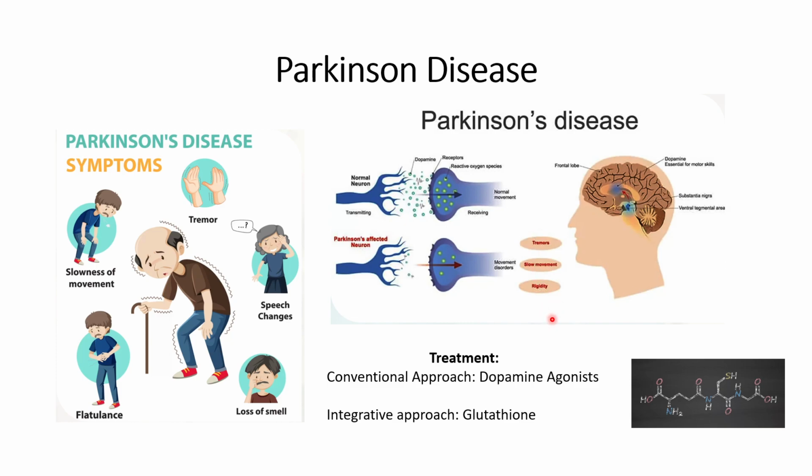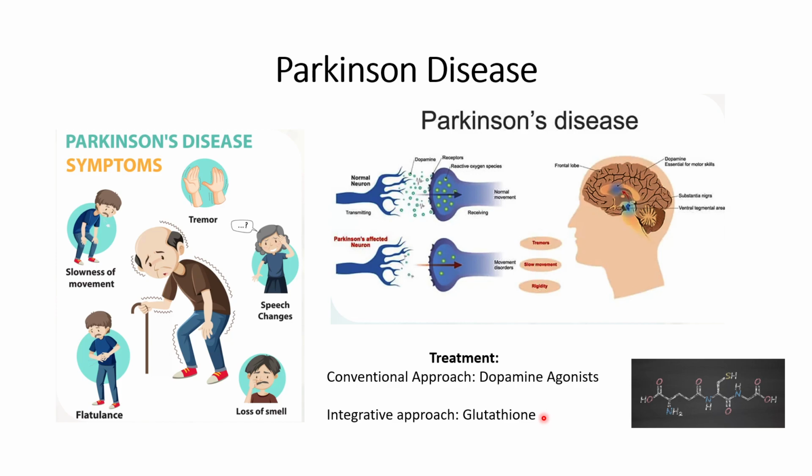However, the exact relationship has not yet been correlated. However, people have used glutathione for Parkinson disease, and they have found that the intensity of Parkinson disease decreases in the patients that are treated with glutathione.